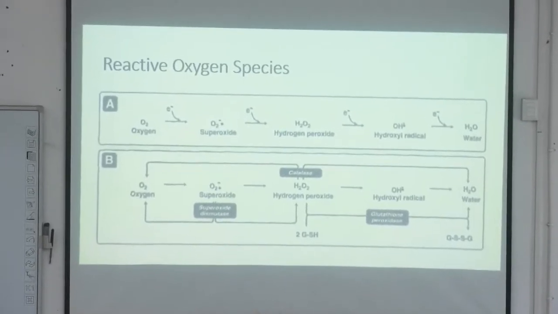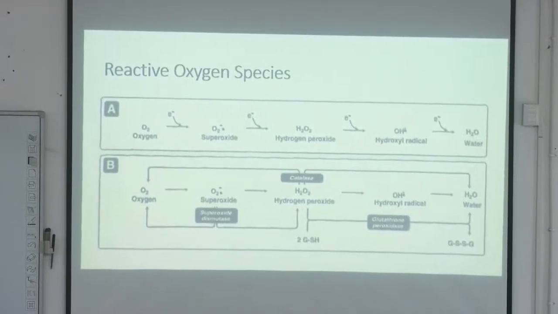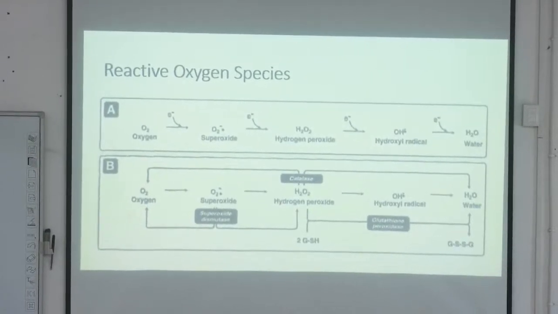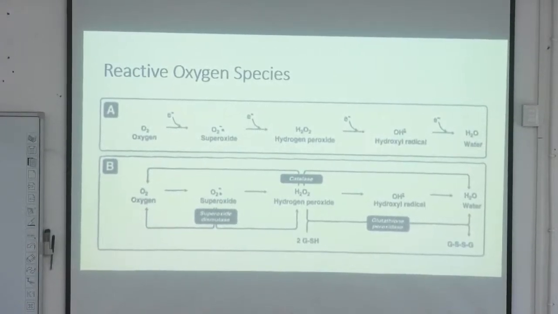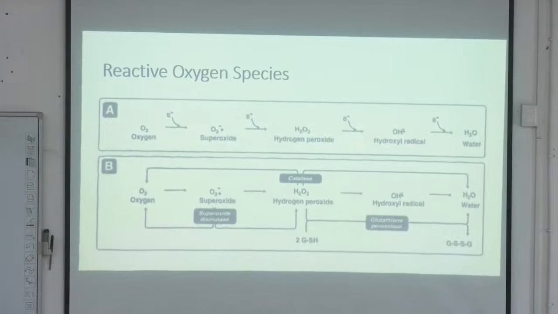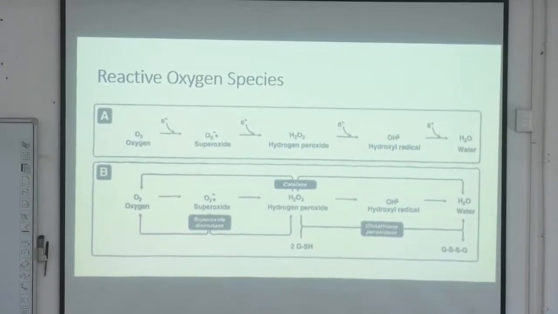Superoxide, after receiving an electron, forms hydrogen peroxide. Hydrogen peroxide, after receiving an electron, forms the hydroxyl radical. So superoxide ion and hydroxyl radicals are the free oxygen species or reactive oxygen species.